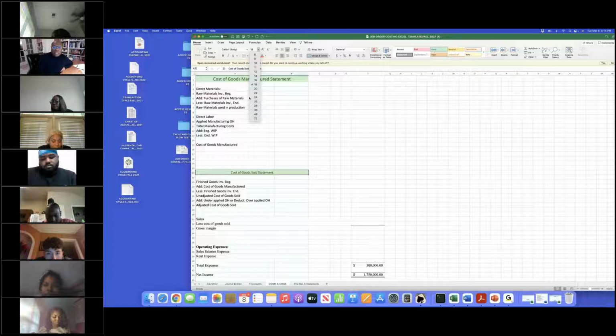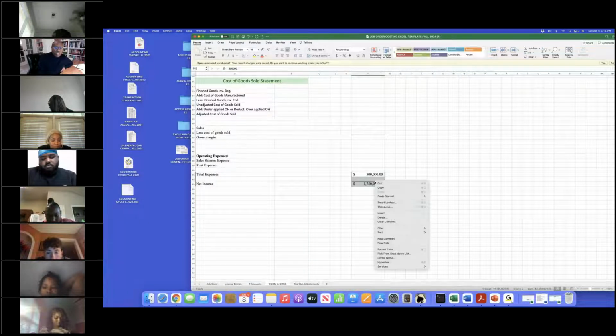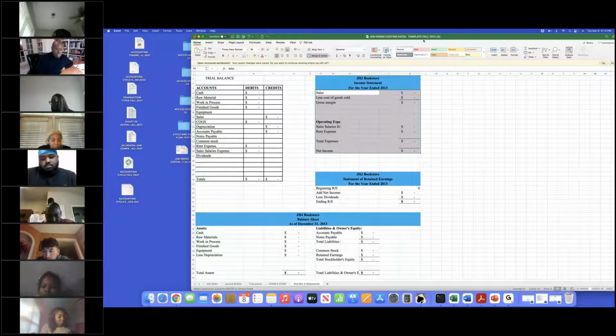I'll just clear these out. Then we go to the trial balance, and then do our income statement, retained earnings, and balance sheet, the overall basic. So this is the spreadsheet that we're going to be using to work our problem.